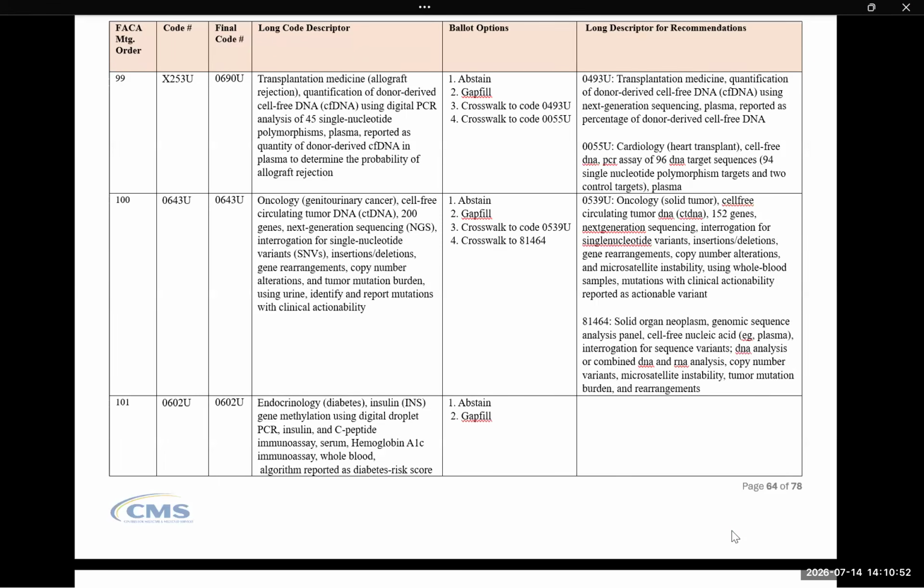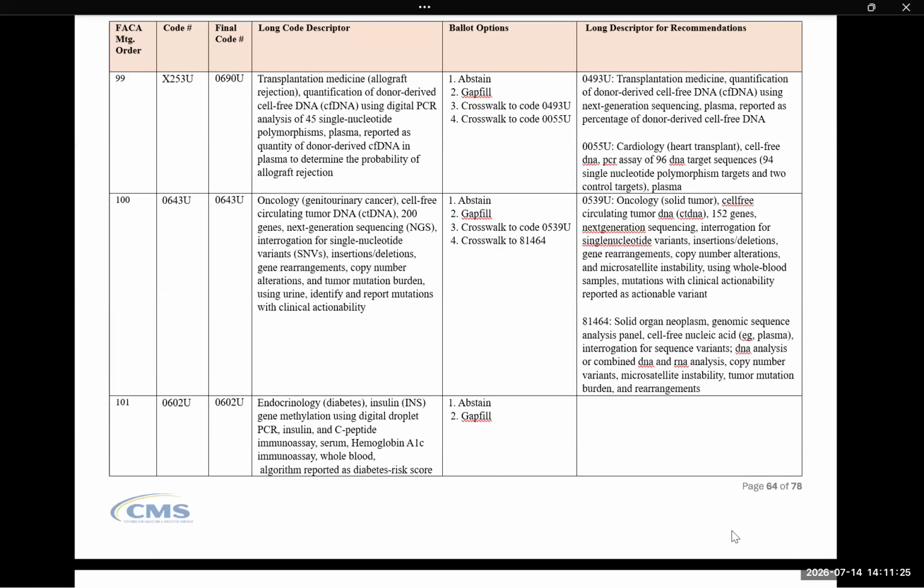So this is an oncology cell-free DNA test looking at over 200 genes through next generation sequencing, looking at SNVs and insertions, deletions, copy number, as well as tumor mutation burden. This is using a urine sample, which is different than the existing codes that are on the crosswalk.